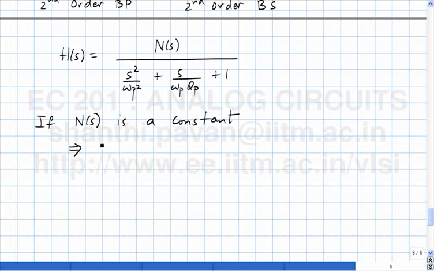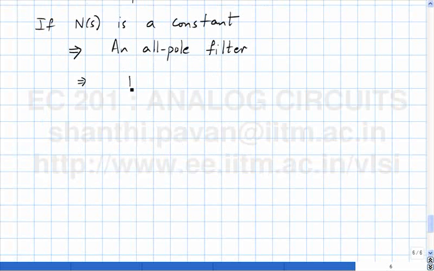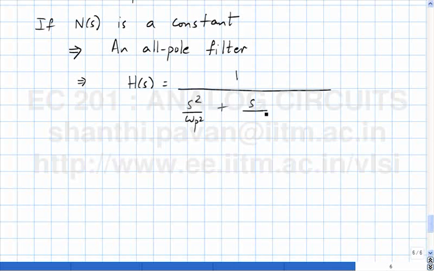So this is often called an all-pole filter, which means that H(s) is of the form, without loss of generality, I simply take the constant to be 1. So the form is s squared by omega_p squared plus s by omega_p Q_p plus 1. Does it make sense?